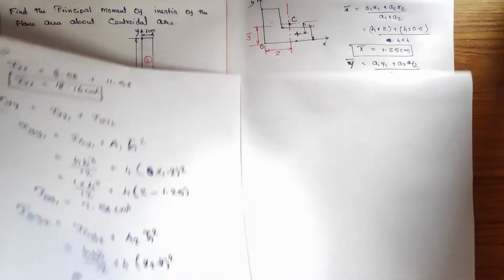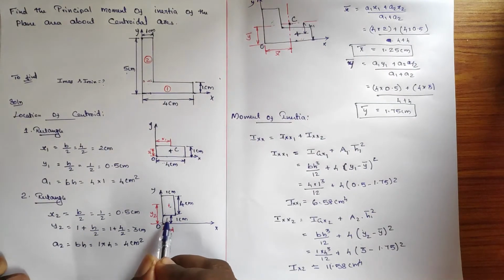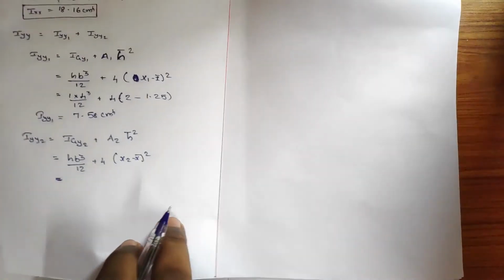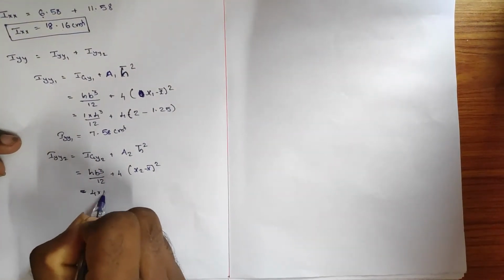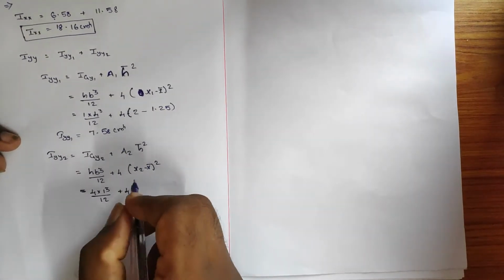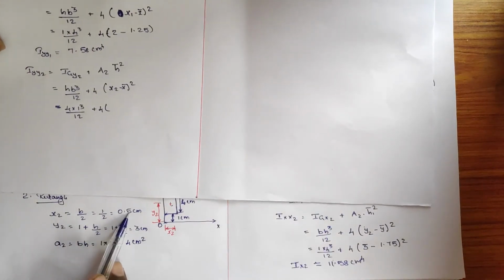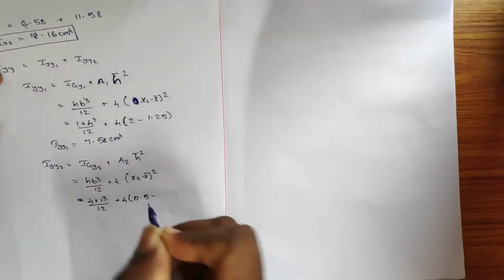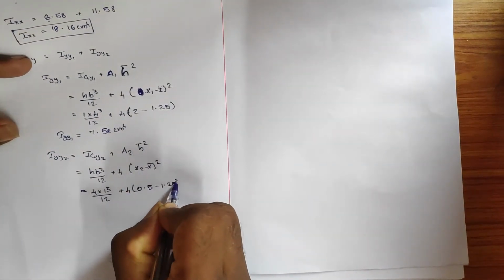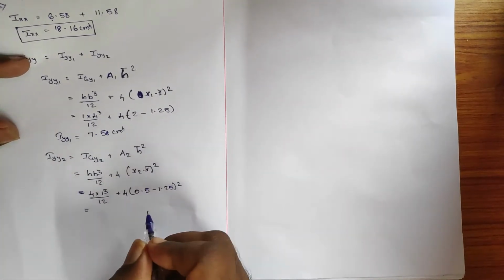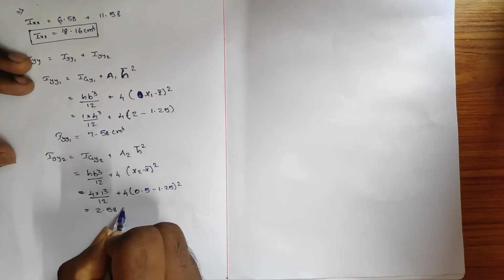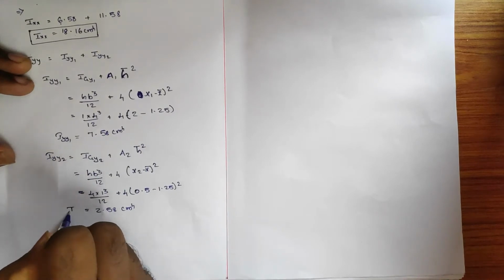Here B is 1 and H is 4, so 4 into 1 cube divided by 12 plus 4 into the X2 value, here 0.5 minus X bar, 1.25, the whole square. So you will get the value 2.58 centimeter power 4. This is for IYY2.